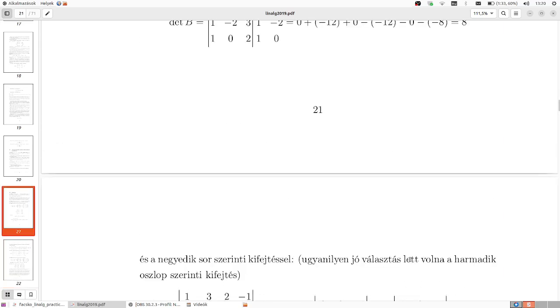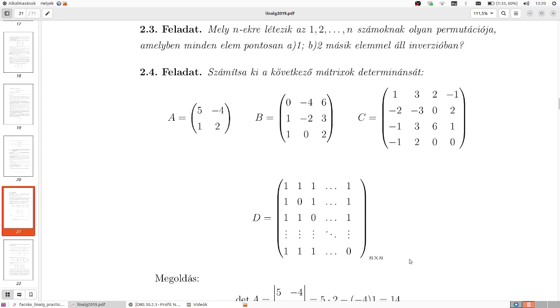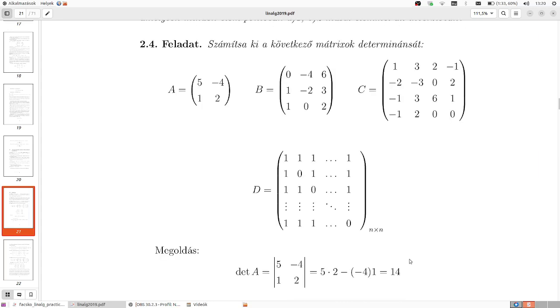Okay, so we should calculate the determinant of the following matrices. For the matrix A, it's trivial. We will use the Sarrus rule. For the second, we also will use the Sarrus rule. For the C, we cannot use it.